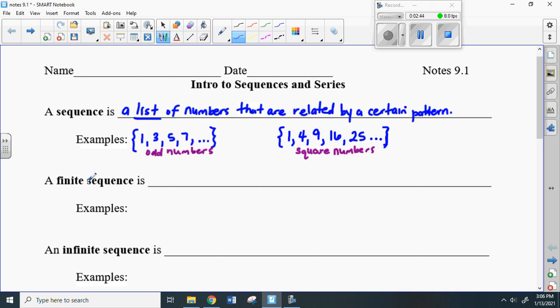All right, so what is a finite sequence? Finite. All right, well, that is just a sequence with a finite or fixed, or maybe you want to say specific number of terms.